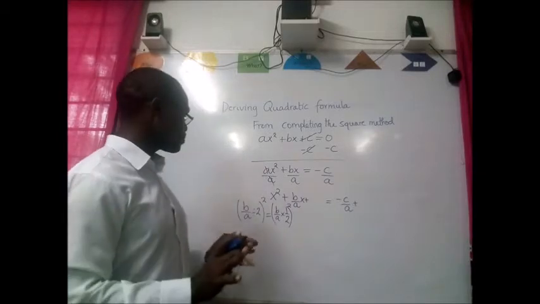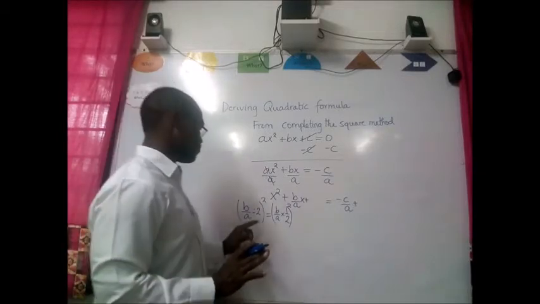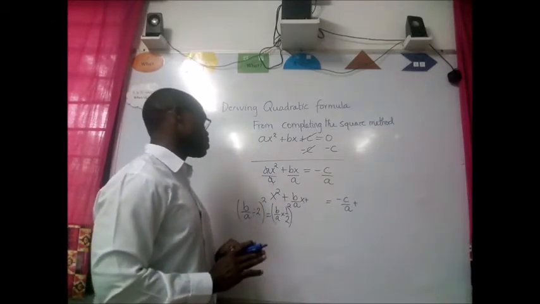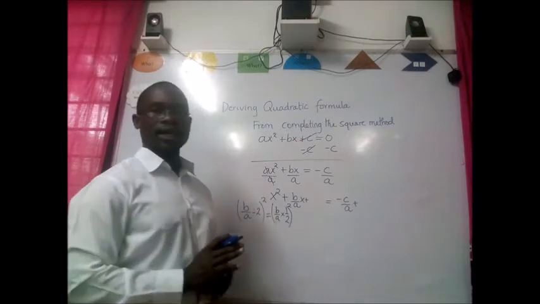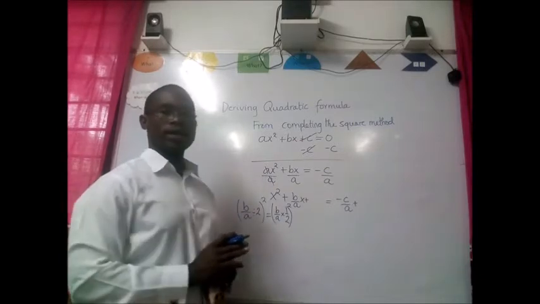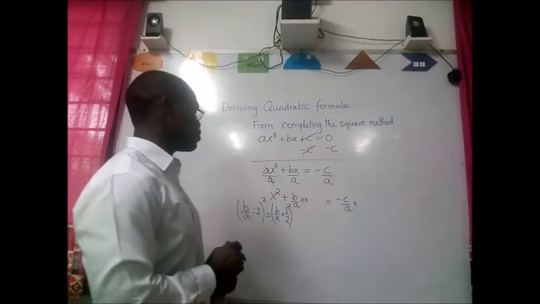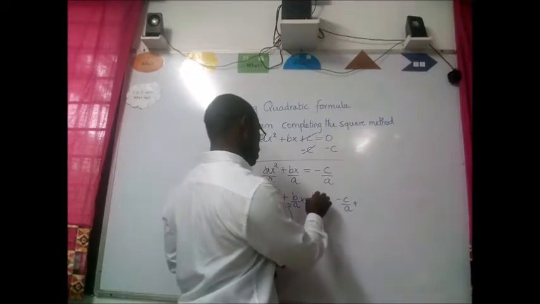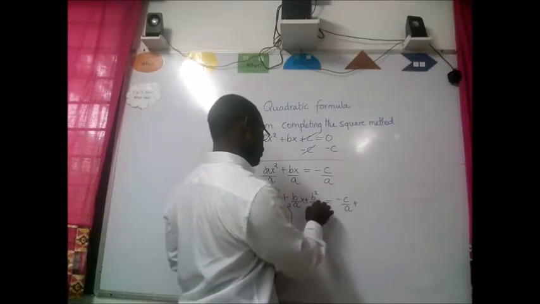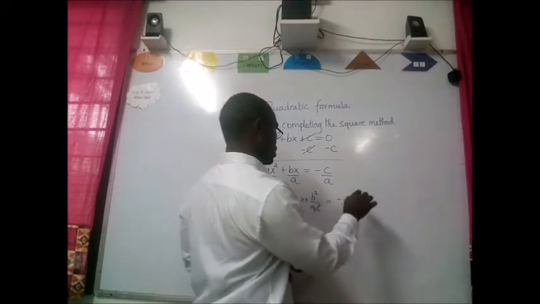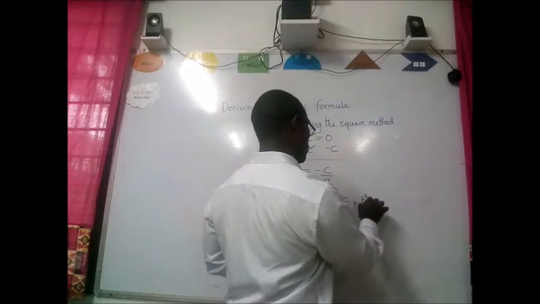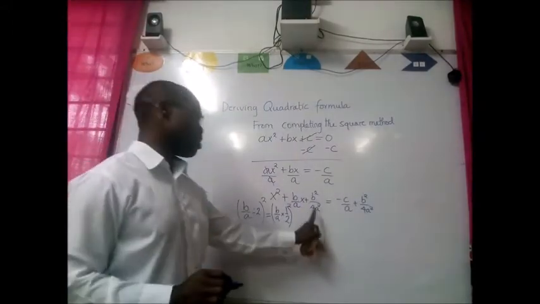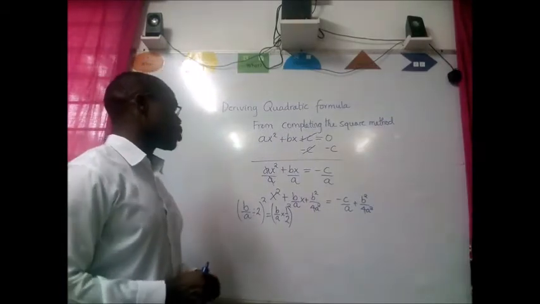If I multiply b times 1 it is b, and it will be b squared, and a times 2 is 2a, then squared it will be 4a squared. So what to be added here is b squared over 4a squared, and the same b squared over 4a squared on the other side. This is how we complete the square.